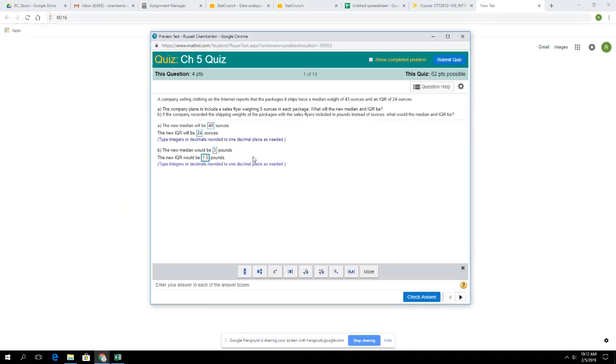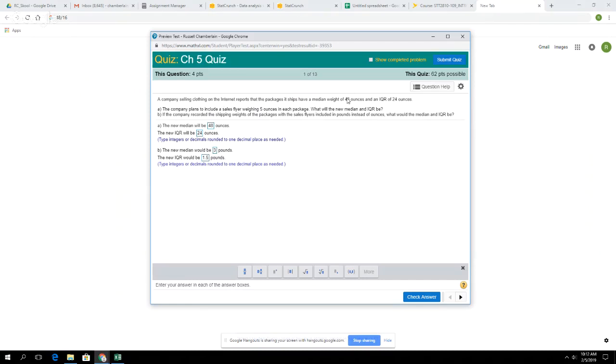All right, so let's check our work, right? This is that part where you ask yourself the questions. Did I read the problem correctly? Did I understand what they mean? Do I understand what I'm conveying to Pearson, independent of whether Pearson is going to interpret my answer correctly? Well, I know that I'm shifting by 5, and I'm adding 5 because we're including a sales flyer.